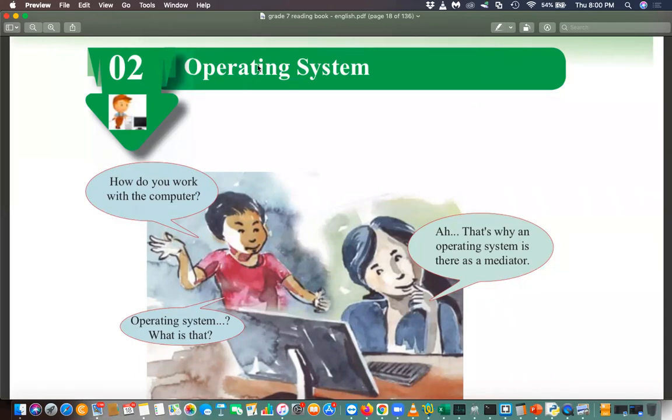Not at the same time, right? In different times it's possible. So one computer can be used by two or more people.